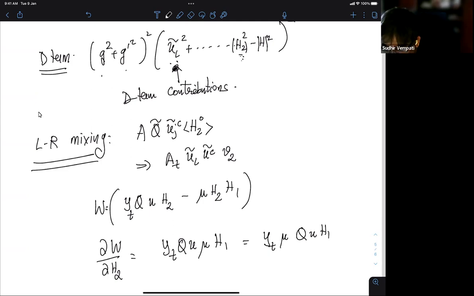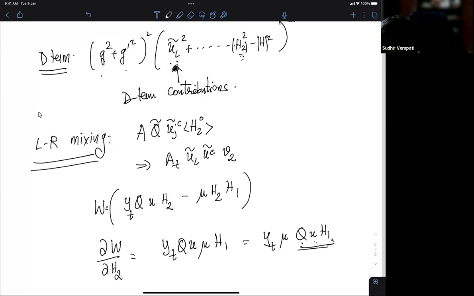And so this is a mixing with the wrong type of Higgs. All of them are scalars, remember. So you have up-type squarks mixing with the wrong type of Higgs, essentially. Wrong type of Higgs means they're not mixing with the up-type Higgs, but with the down-type Higgs.